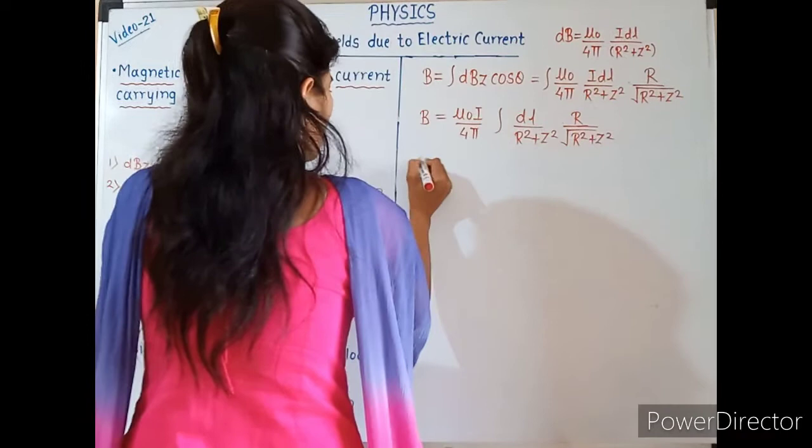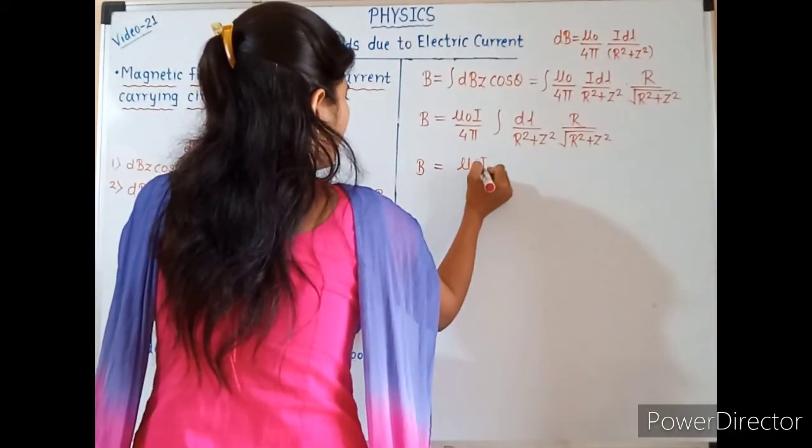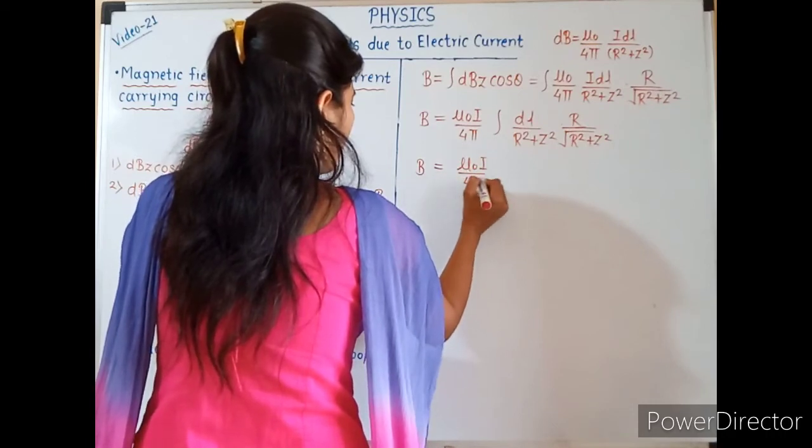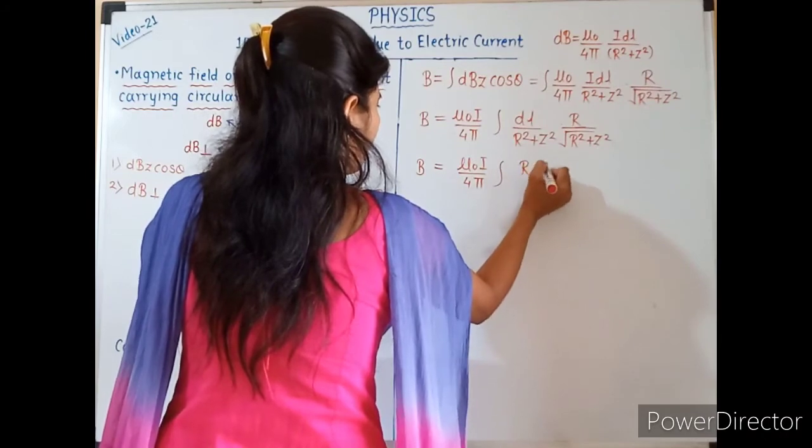Okay, so magnetic field B is equal to mu 0 I upon 4 pi integration of R dl.